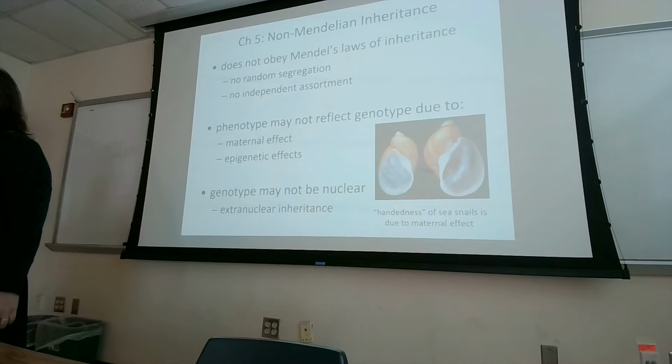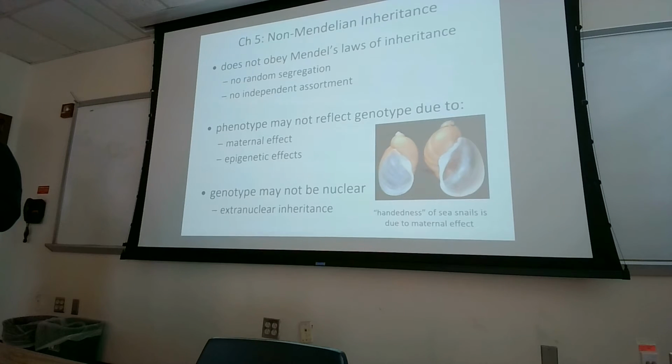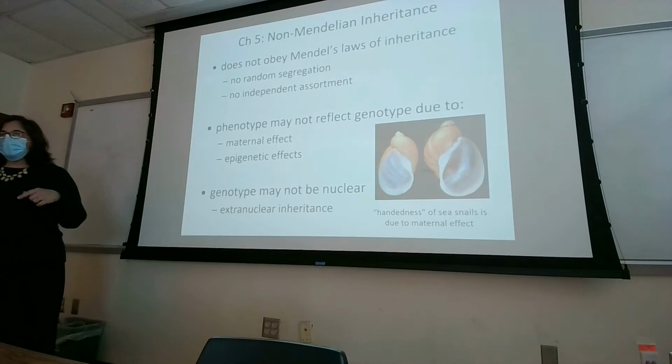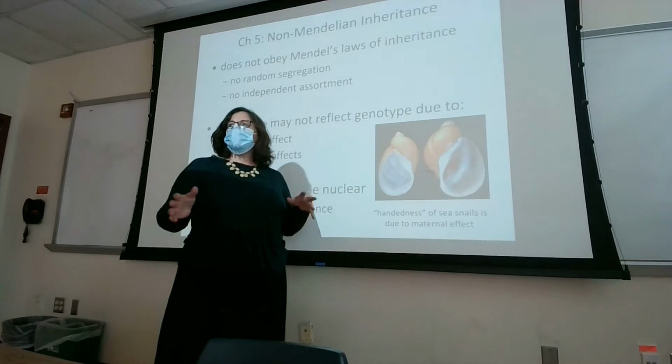This all makes sense as we go through the different things. These are all the things that don't follow Mendel's rules, which is why it's called non-Mendelian inheritance. We're no longer talking about the genotype-phenotype correlation in the individual.